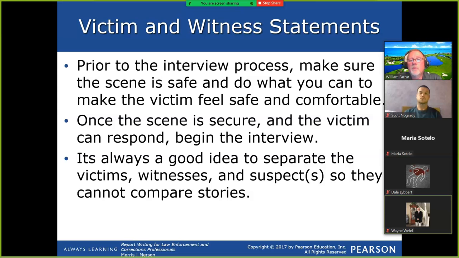Prior to your interview, and we're still talking about victims and witnesses for the most part, make sure that your scene is safe. And do what you can to make the victim feel safe and comfortable. So if they need to sit down, do that. Scene safety is really important, you guys, because a lot of times the suspect is still around. It's even more important if you're interviewing or interrogating a suspect, but you still want scene safety so everybody feels comfortable.